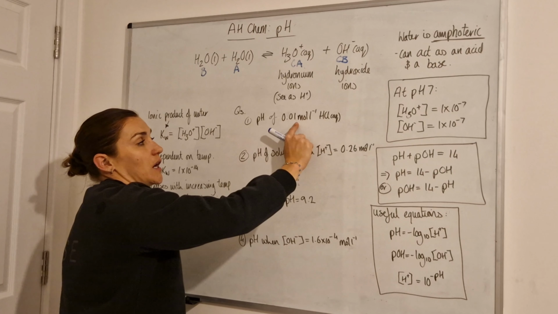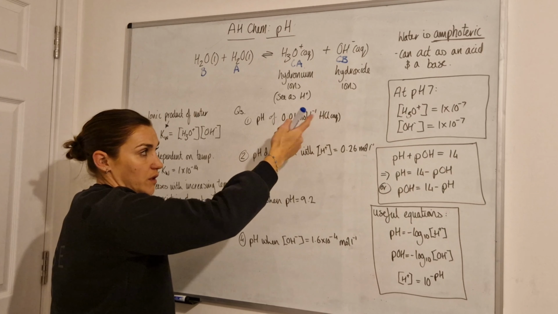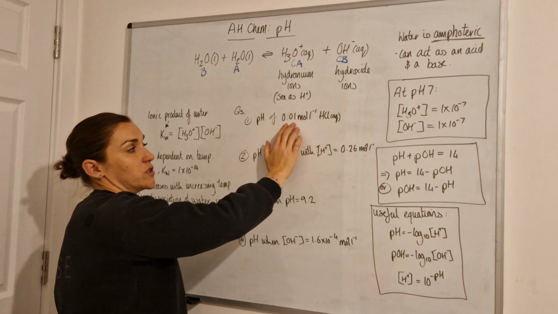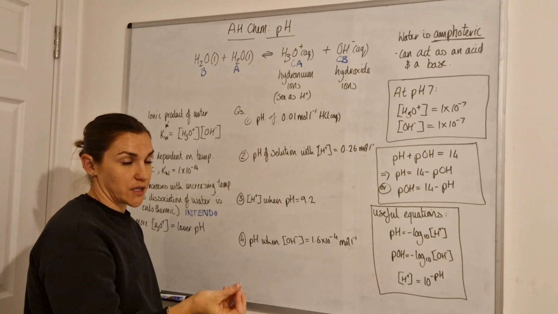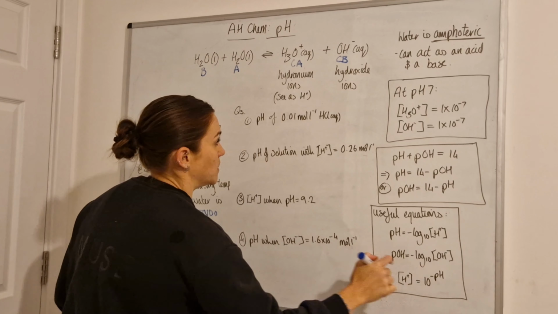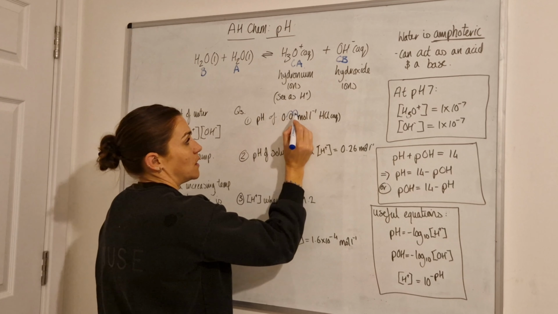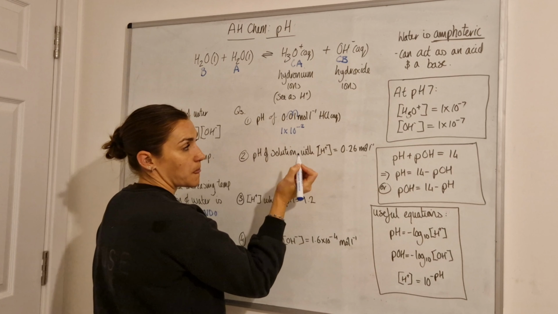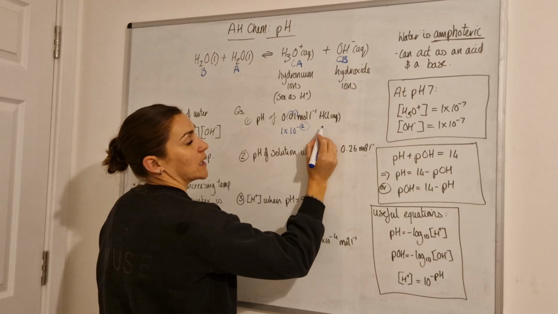Now, because there's a 1 in this concentration, like 0.01 or even if it was 0.1, what we can do is change this concentration into scientific notation, and the power on the scientific notation will be our negative pH. So if we do scientific notation, this would be 1 times 10 to the power of minus 2, which means our pH is 2, because the number on the negative power is 2.